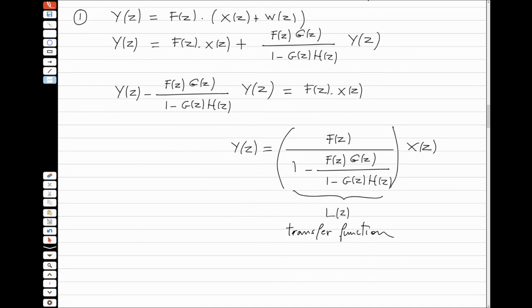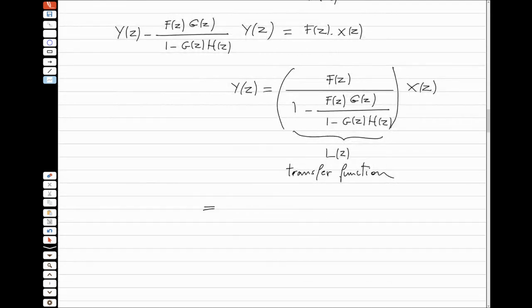And of course, if the question was, what is the impulse response? You need to go back to the time domain. And that is the impulse response.